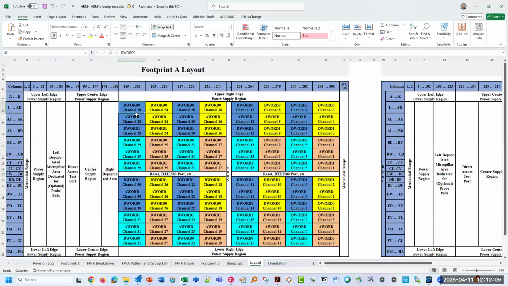Within D word 0, do you tend to have different terminals? For example, a data bus, a control line, etc.? No. So one channel is, let me put it this way, if you take one channel, that's your one unit. Channel 28 is going to be the same as channel 29, same as channel 30, 31, and so on, right?